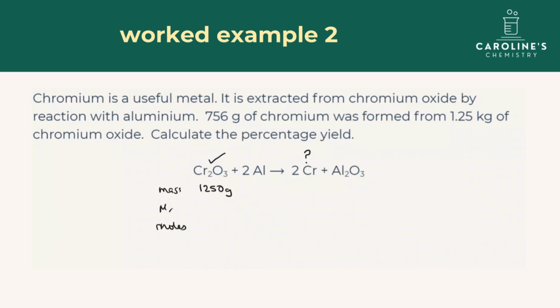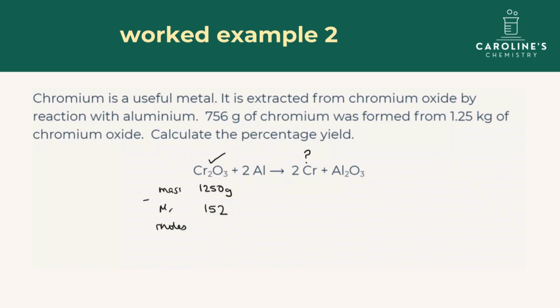Now let's work out the Mr of the chromium oxide. Use your periodic table to look these up. The chromium relative atomic mass is 52. That we times by 2 because it's Cr2, plus 16 times 3. So that is 152. 52 times 2 plus 16 times 3.